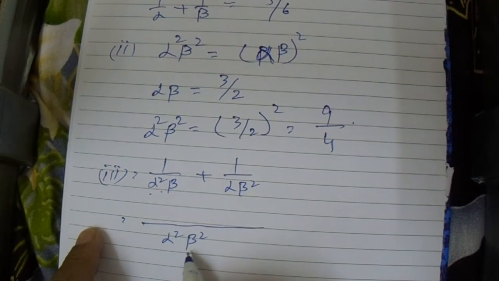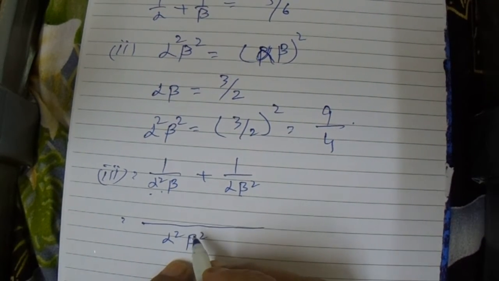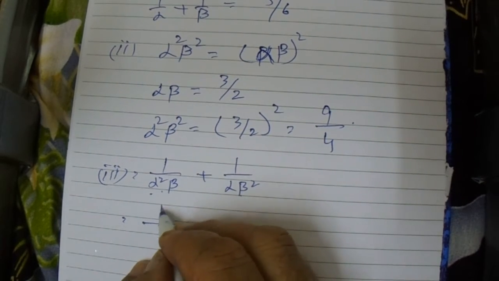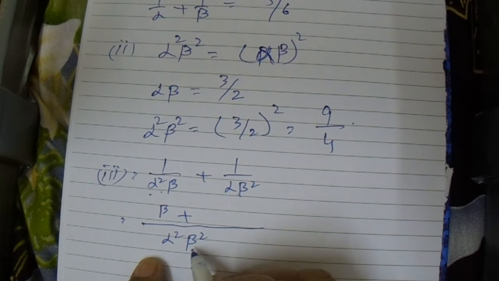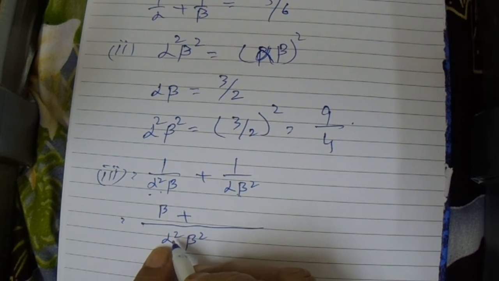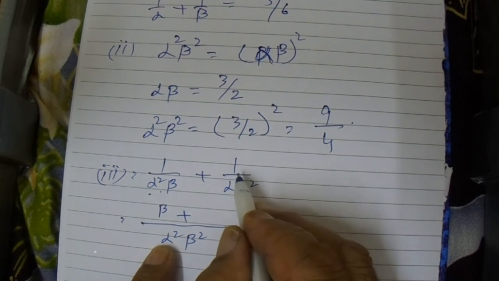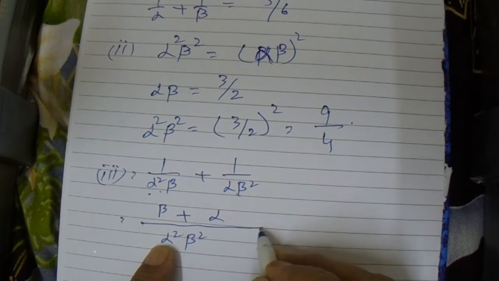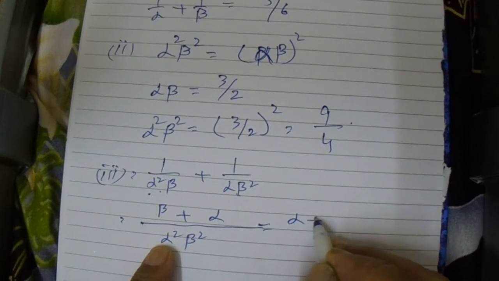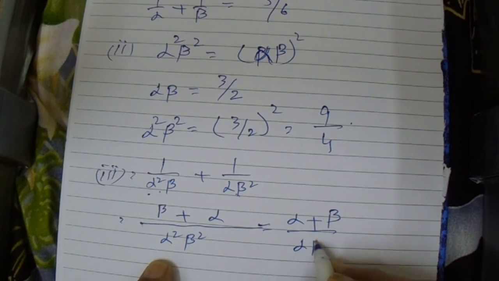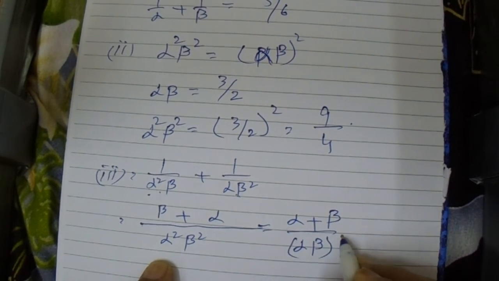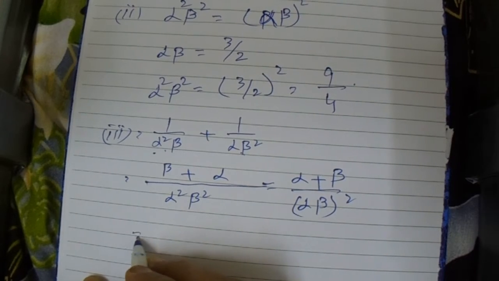This divided by this, we get only beta, and beta multiplied by 1 is beta, plus this divided by this, beta will cancel and alpha remains, and alpha multiplied by 1 is alpha. We write this as alpha plus beta over alpha beta whole square.